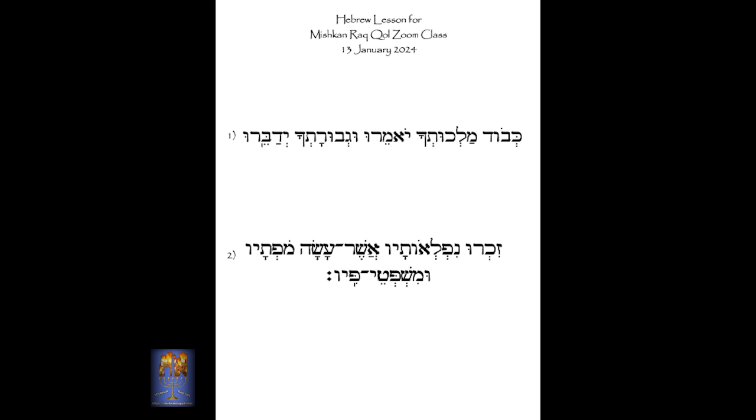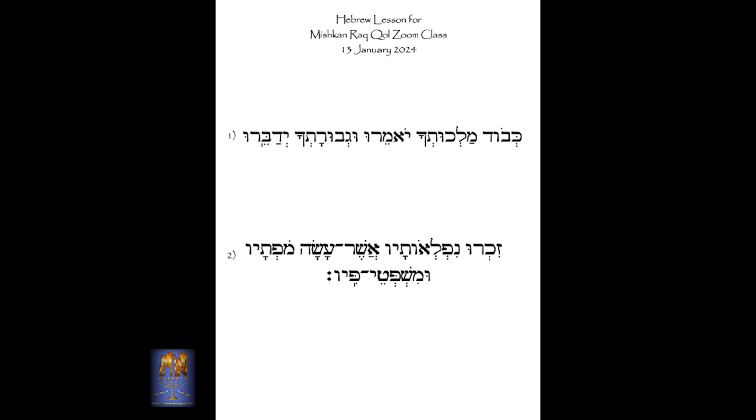Then we have a tav. And this tav is pointed how? Okay. So the shuruk is a long duration, right? So it is a vocal shva. So this gives us a T sound followed by a quick E, te.